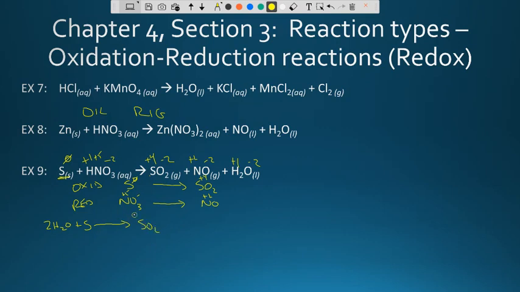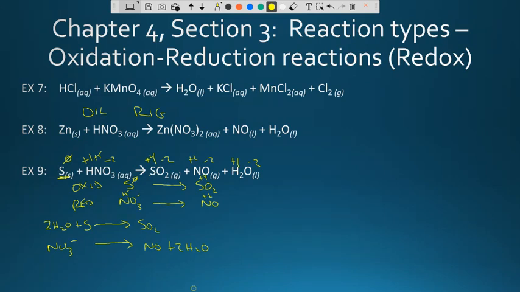I see on this side I have 3 oxygens, and on this side I have 2 oxygens. So to keep them balanced, 3 on this side, I have only 1 on this side, so this is 2 waters on this side. Okay, so there are my waters.